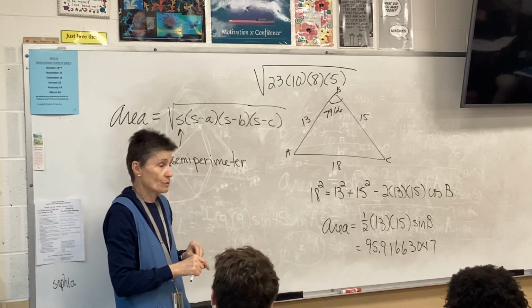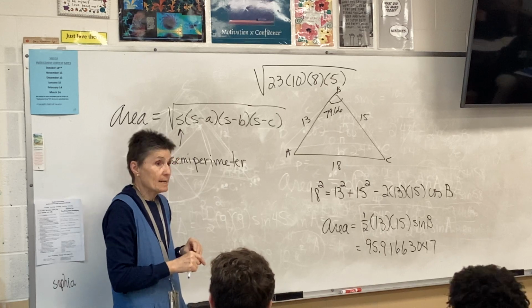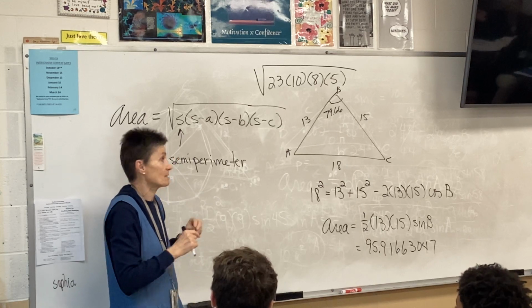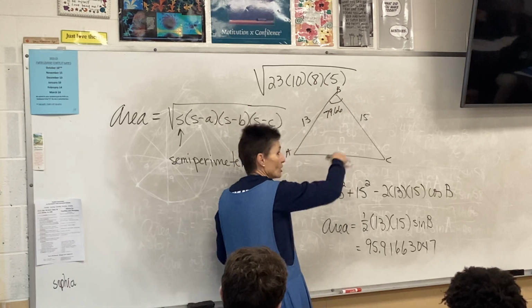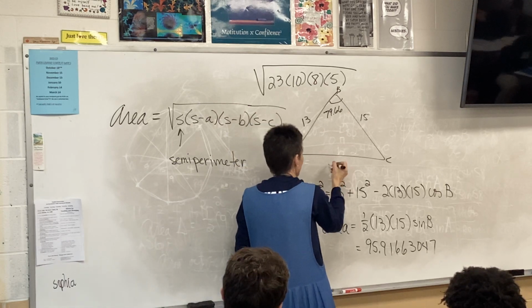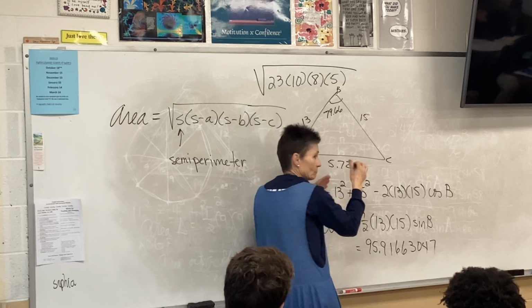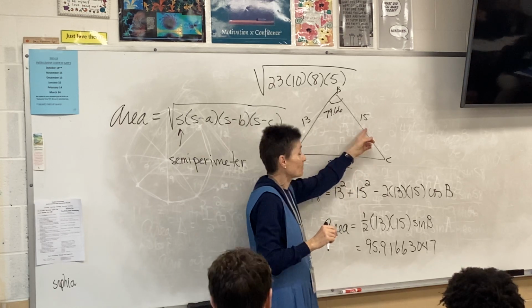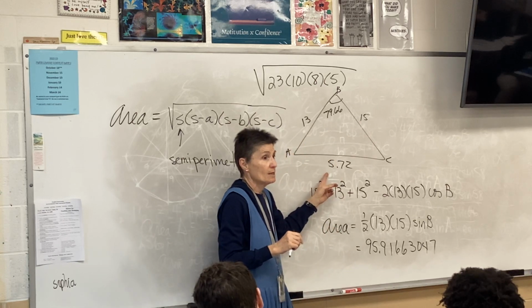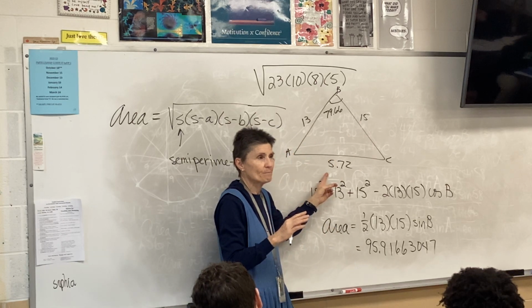Please don't use Hero's formula if you don't have all 3 sides, because think about this for a second. Let's say you did the law of cosines or something, and you found this side was 5.72 or something. I'm making that up totally. Then suppose you said, okay, now I'm going to use Hero's formula. Do you see why that's not a good idea?